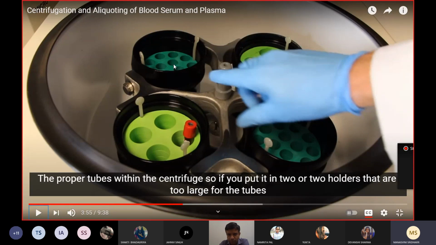It doesn't necessarily have to be another sample. It just has to be the same weight. Yes. So if you get into such a situation, if suppose you have one sample or three samples or five samples, then you need an extra tube to balance it. Okay. So you can just put water.